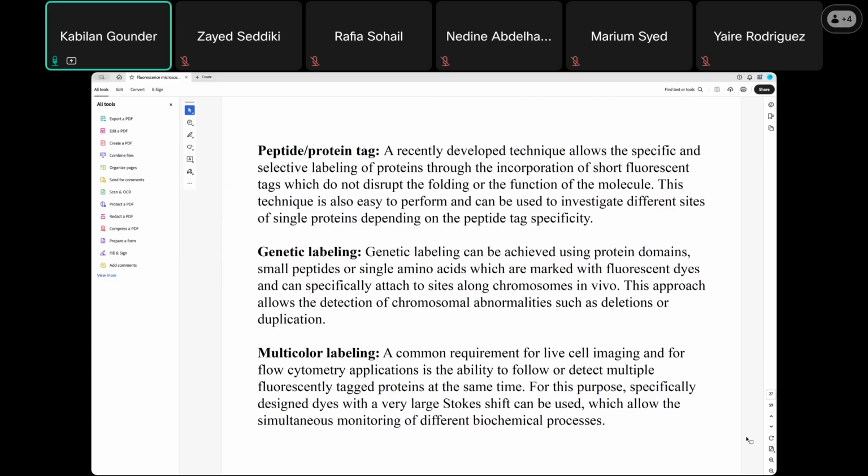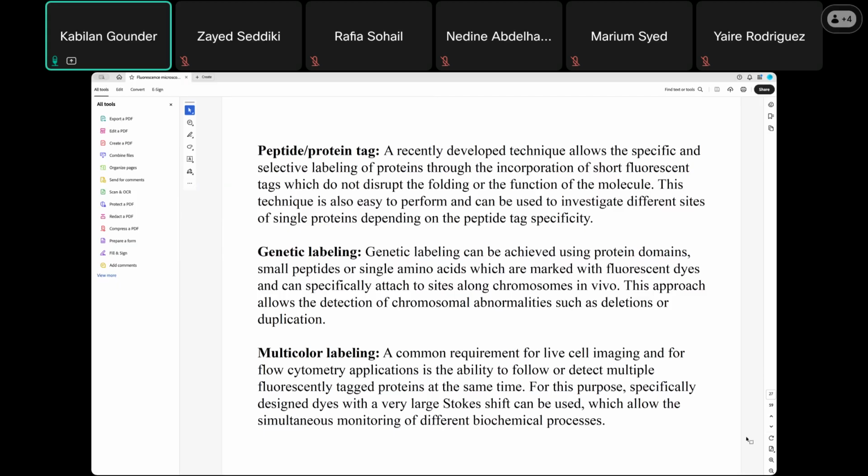So that means if you wanted to study 3 proteins, what you can do is you have to tag or conjugate the antibodies with different colors. That means DAPI or any other dye with a different range of color like blue, green, red.